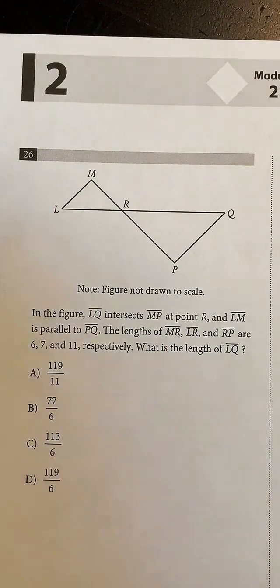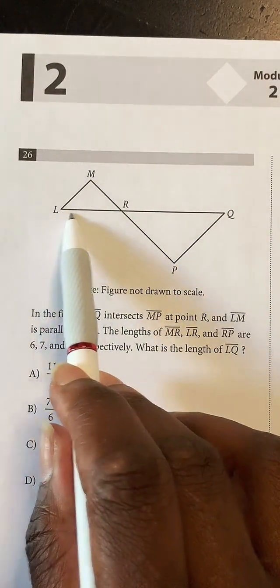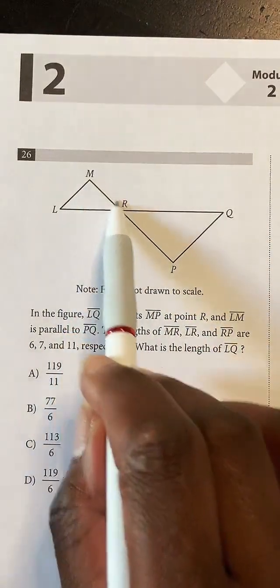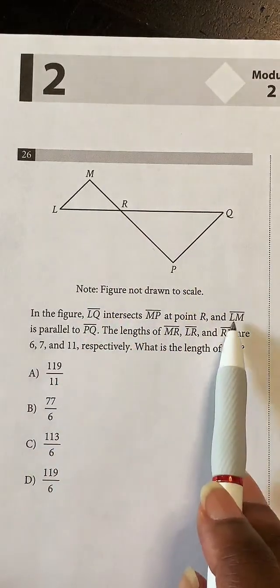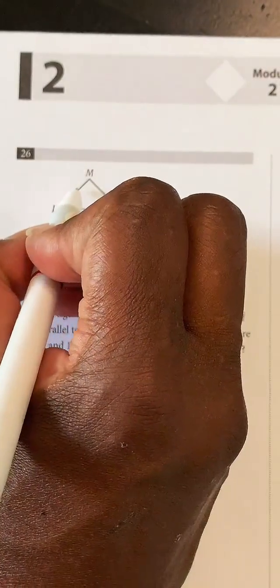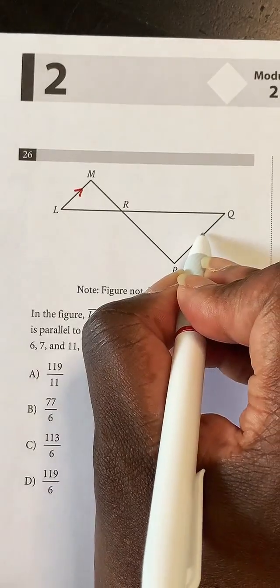So let's take a look. Ready? Okay. In the figure, LQ, that's our whole side, intersects MP at point R. LM is parallel to PQ.